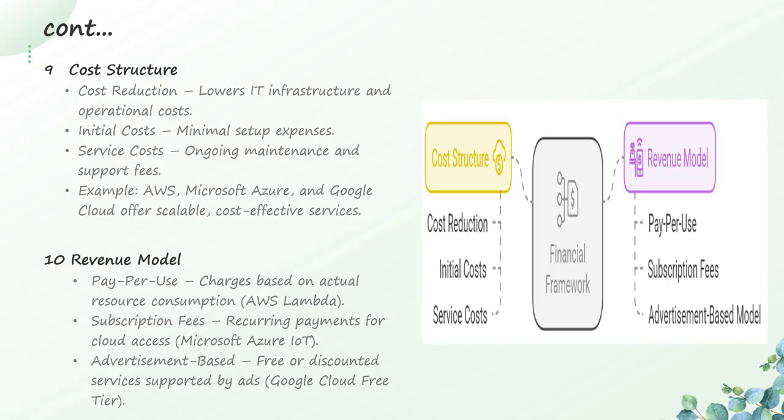And the last is the revenue model. Here it is the way cloud service providers generate revenue from the industrial IoT solutions. And you have the types of the revenue models.